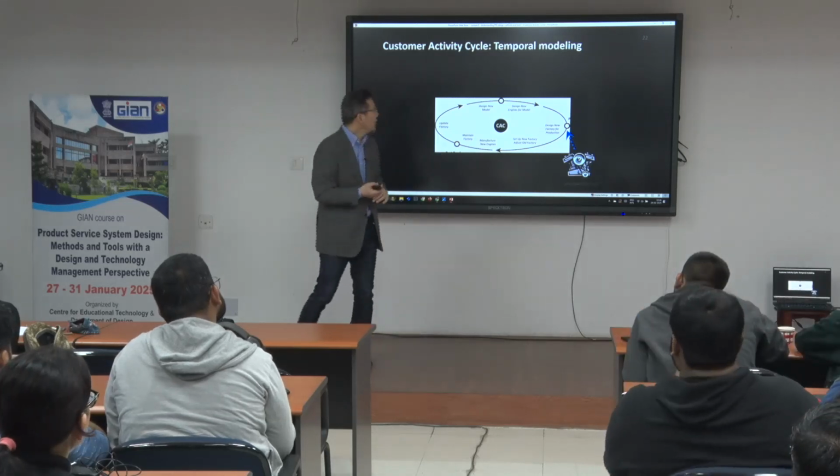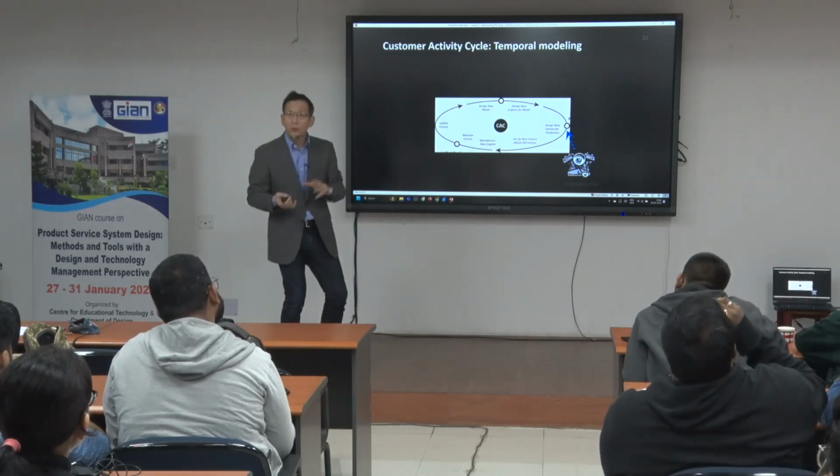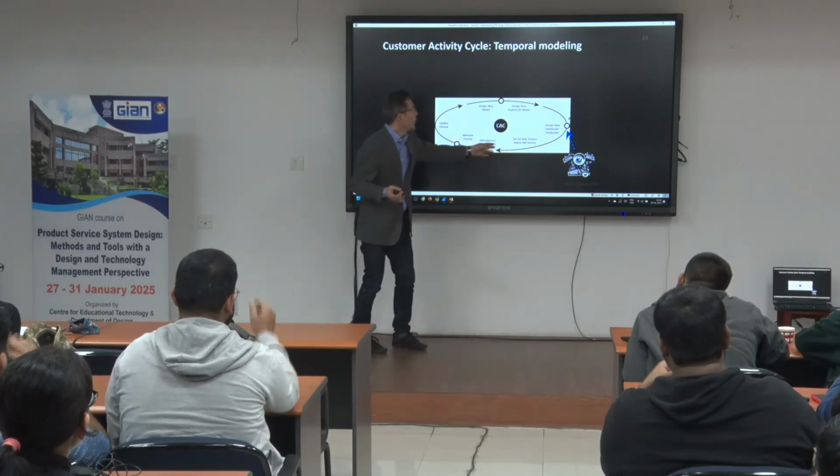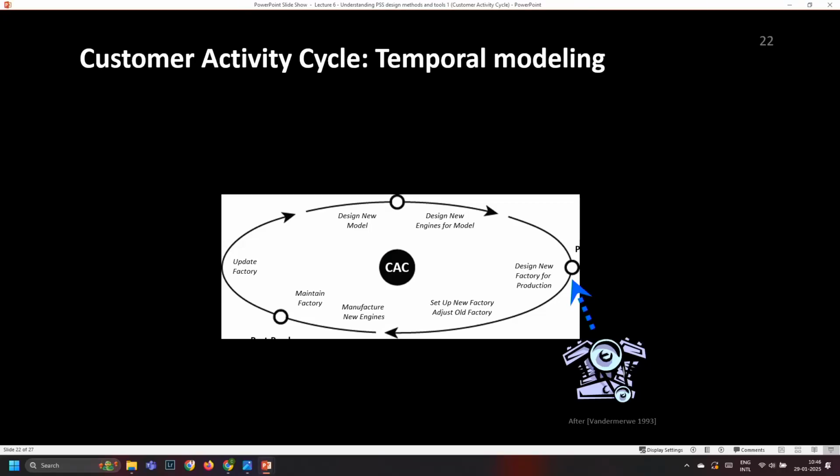For example, they produce an entire car by using your engine. So thereby, the customer has its own activity cycle. For example, design a new production line involving this engine, and then maintain the factory, and then design a new model, etc.